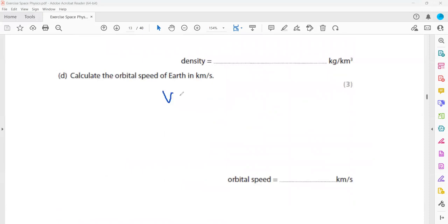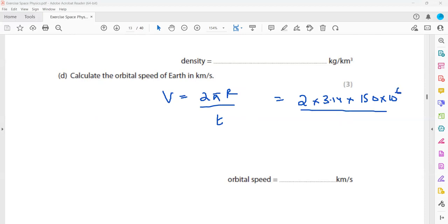So orbital speed is 2 pi r divided by t. Remember the distance between sun and Earth is given. So it will be 2 into 3.14 times the radius of the orbit, which is 115 to 10 power 6 kilometer, divided by 365 days, which we convert into hours by multiplying by 24.